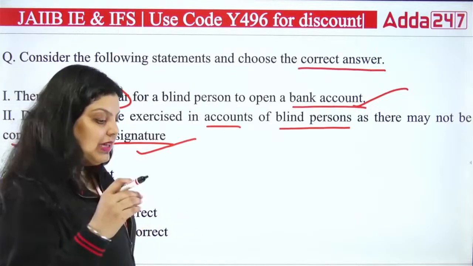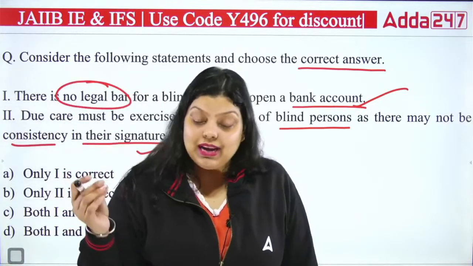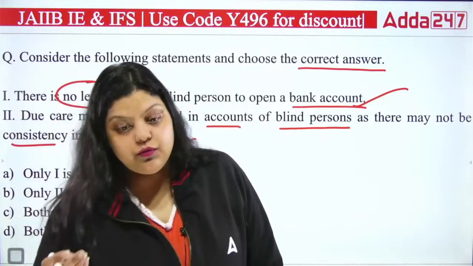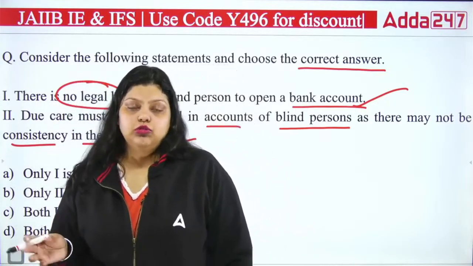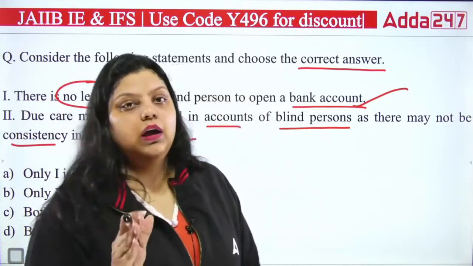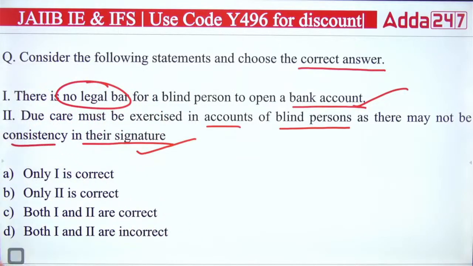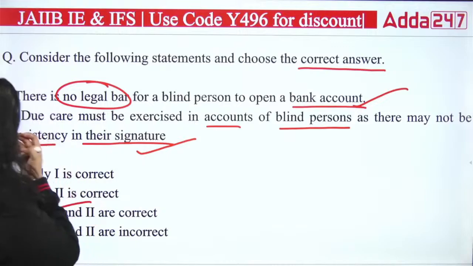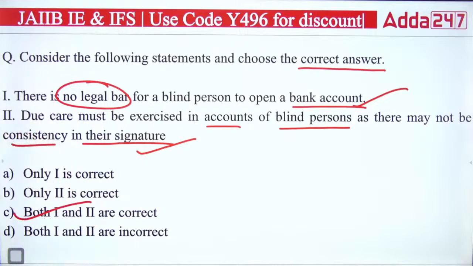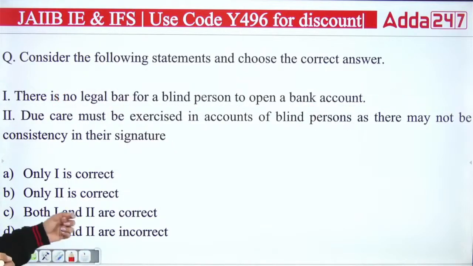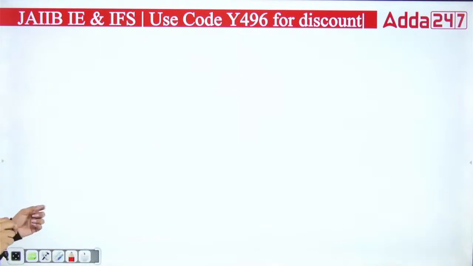Every time they sign to perform any task, there might be a lot of difference in their signature. So a lot of care has to be taken while you are making a blind person perform a transaction. It means both statements are correct here. The right answer will be C.